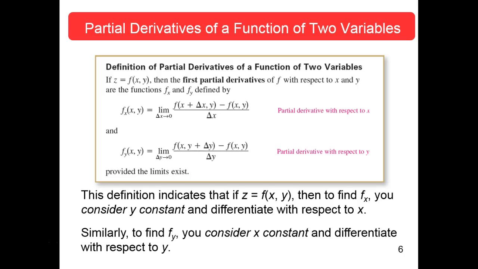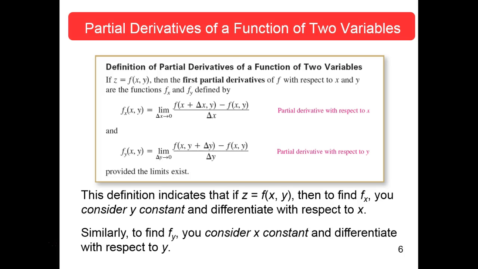Definition of partial derivative of a function of two variables. If z, your dependent variable here, is some function of x and y which are both independent of each other. Doesn't matter what x is doing, y is doing whatever it wants to, and what y is doing doesn't matter to x, but z depends on both of them. So you have one dependent variable, two independent variables.